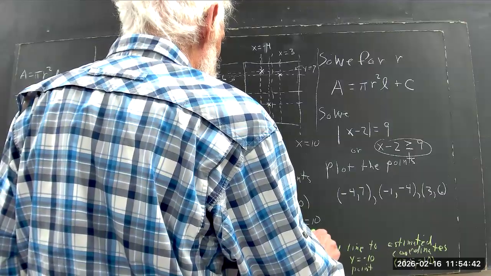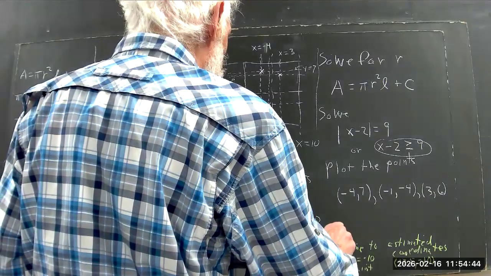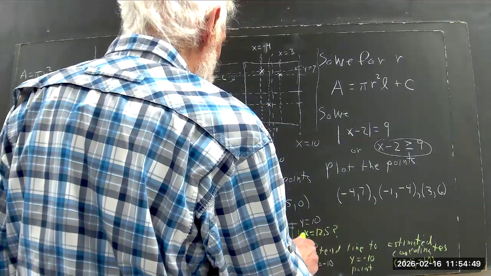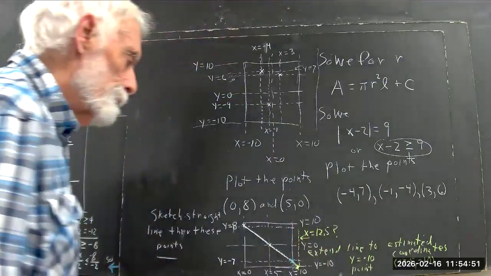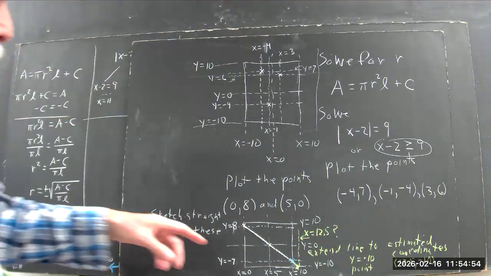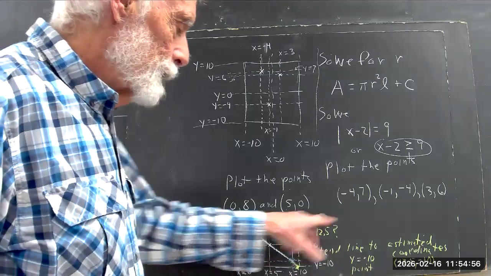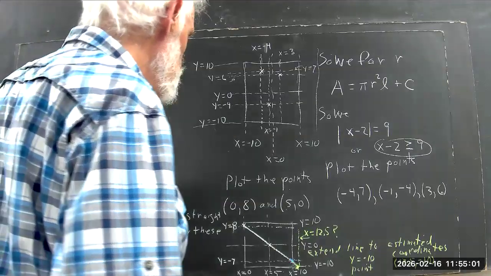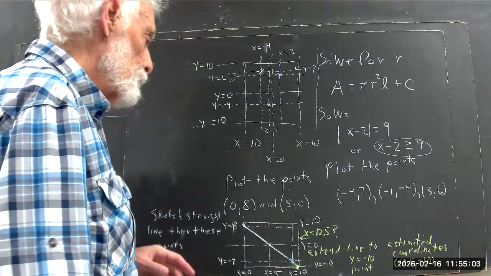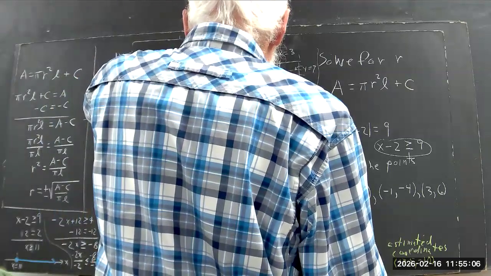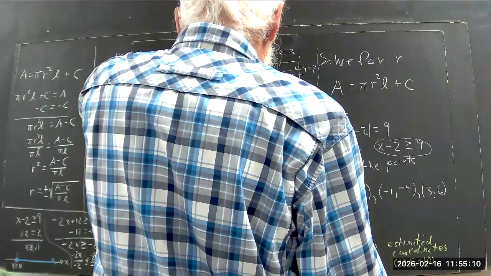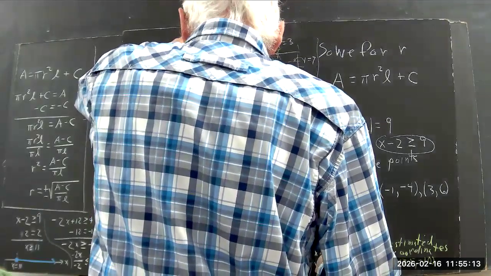I'm going to say that is x equals 12.5 with a question mark. So the coordinates would be x is 12.5, y is -10. Okay, now we're going to go ahead and develop an equation for this line. But first, we're going to do something else.